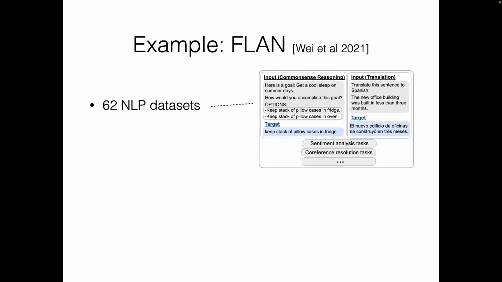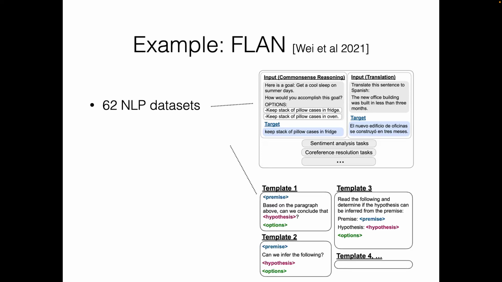So this is maybe some history, and you'll also see some ideas that go into these things. Here's an early one. You could call these instruction tuning data sets, or instruction following and fine tuning. They basically took 62 different NLP data sets, covering things like reasoning, sentiment analysis, translation.